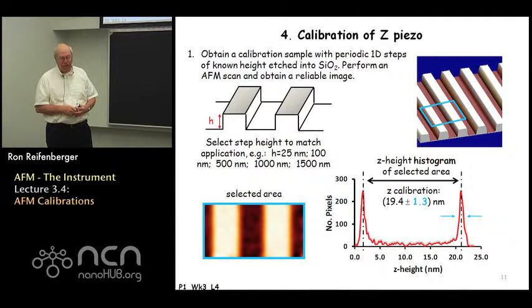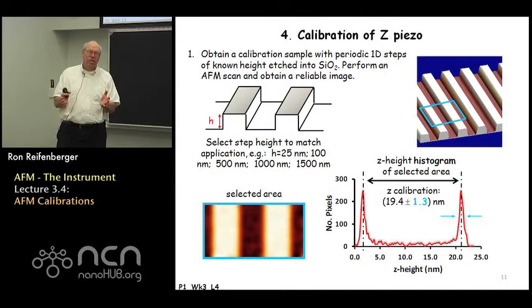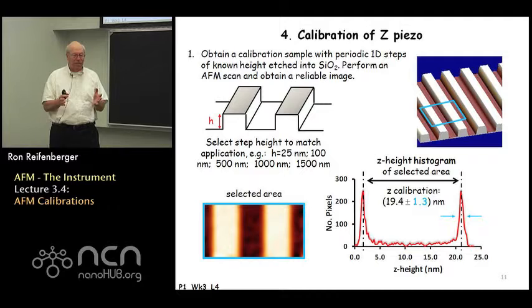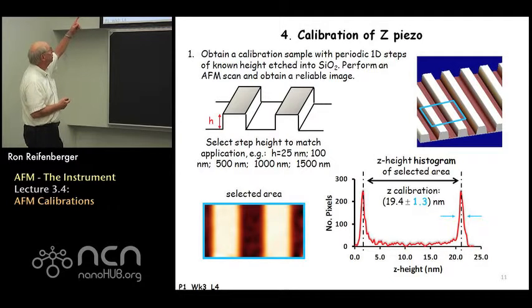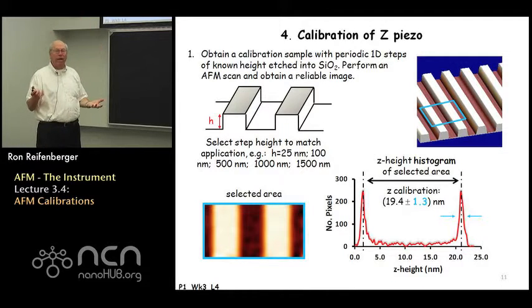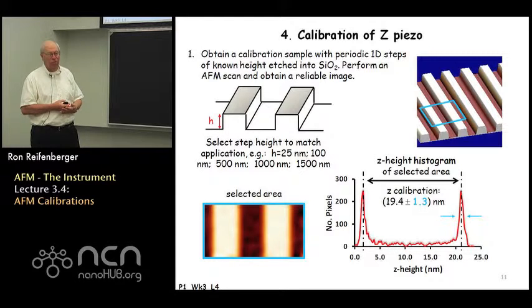Calibration of the z-piezo is the last topic in this particular lecture. Again, to do this, the easiest thing to do is possibly to purchase a calibration standard. Calibration standard would consist of rectangular features with a known step height h. It would be up to you to pick the height h to match the experiments that you're doing.